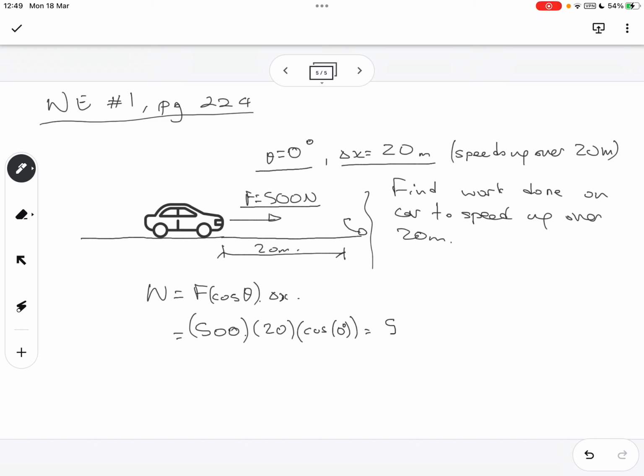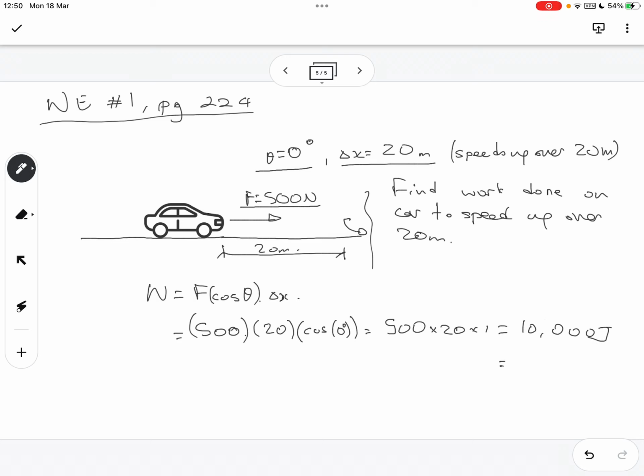And this equals 500 times 20 times 1, which is 10,000 joules, 10 kilojoules. Maybe that's not necessary when you're doing currencies, so just commas, not joules.